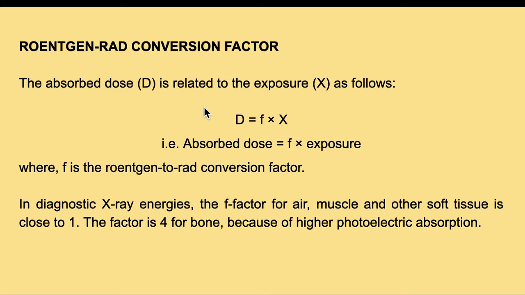That means you can write absorbed dose as F into exposure. In diagnostic X-ray energies, the F factor for air, muscle and other soft tissue is close to 1. The factor is 4 for bone because of higher photoelectric absorption.